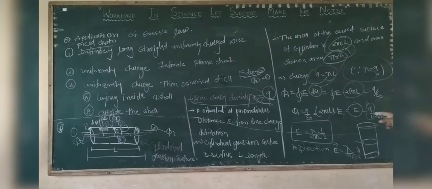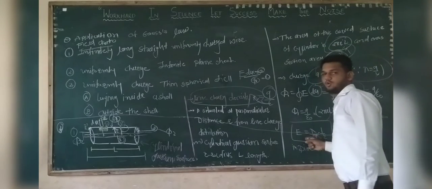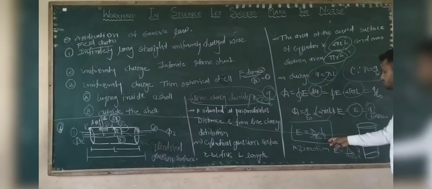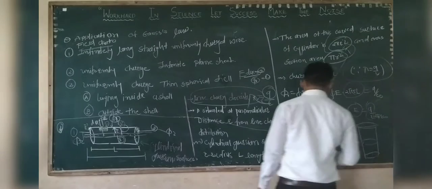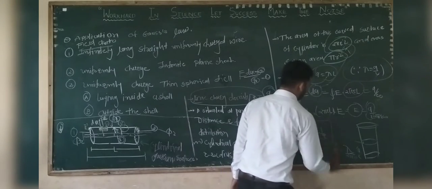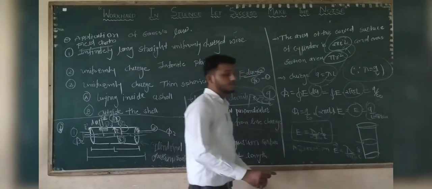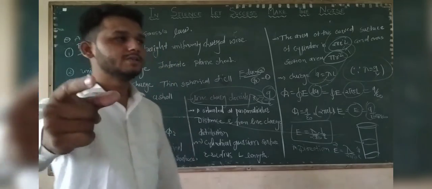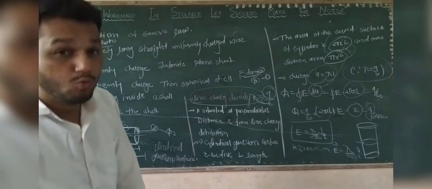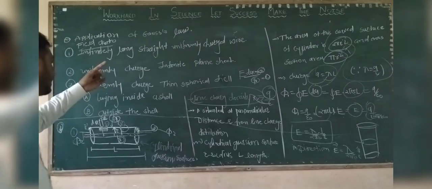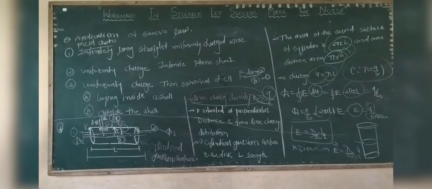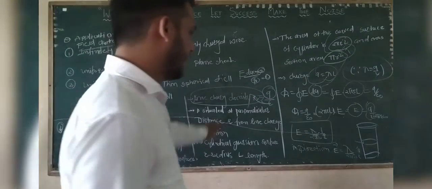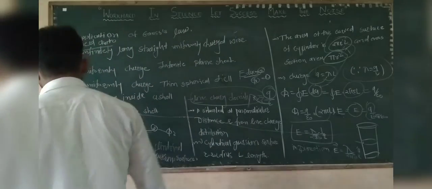So electric field E is equal to lambda by 2 pi epsilon 0 into 1 upon r. This is the electric field for an infinitely long straight uniformly charged wire. I hope you understand this topic.